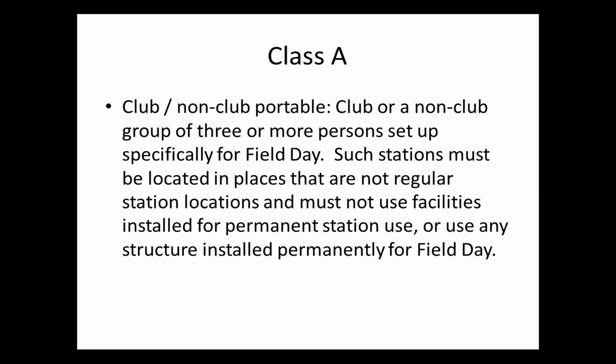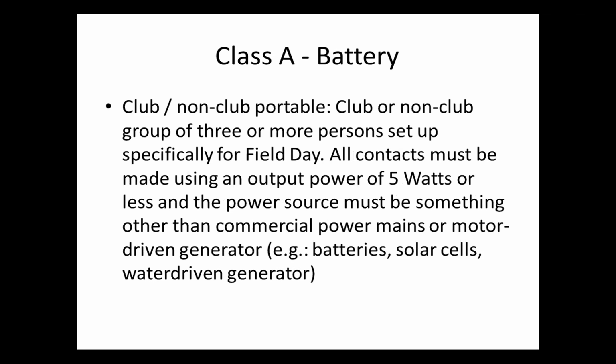The only difference between Class A and Class A battery is the wattage. Kathy mentioned the other night that there's also a points advantage too. But with 5 watts, we're basically talking about using your handhelds, and you're not going to get out too far. You'll get a lot of local stations.